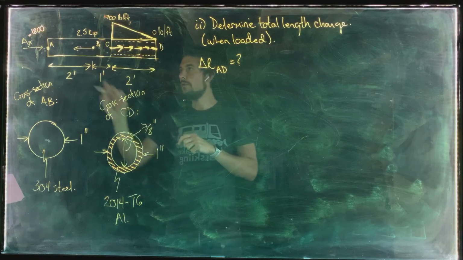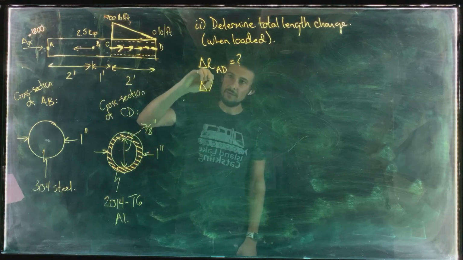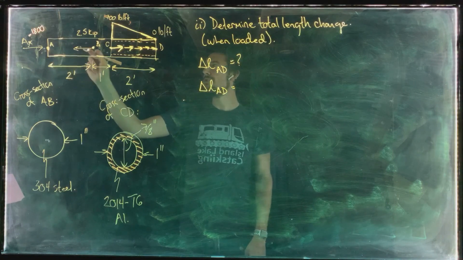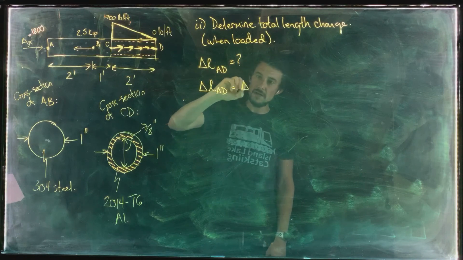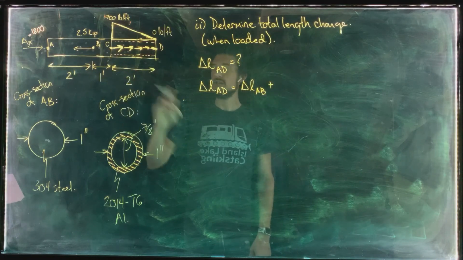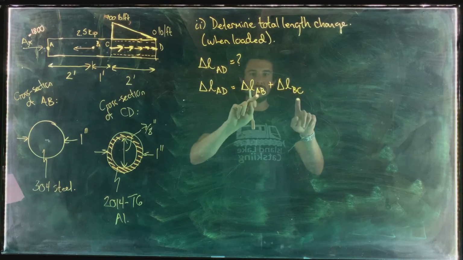Okay, so for this object here, what we're going to have to do is say that the total length change from A to D is going to be equal to the total length change from A to B plus the length change from B to C. Right? Why do we have to do those two?